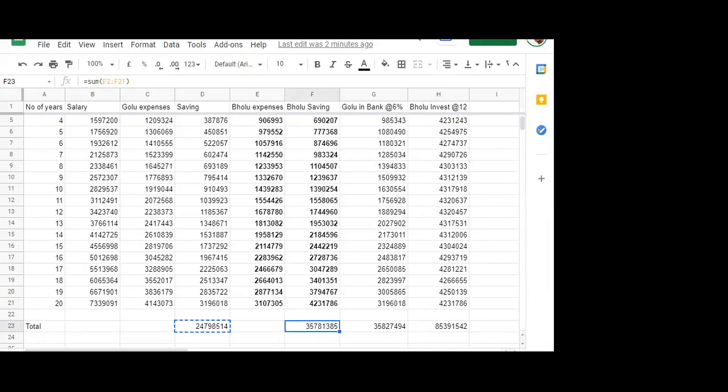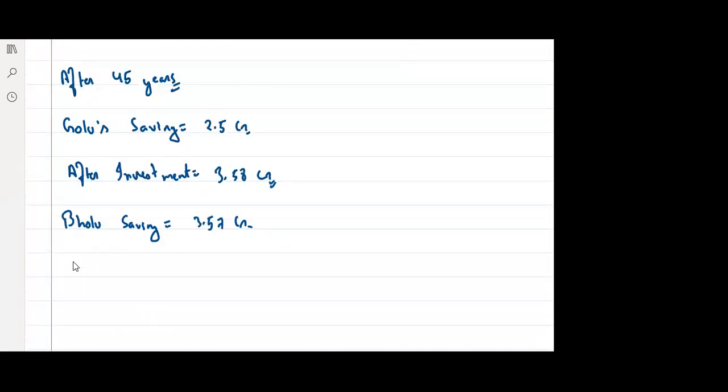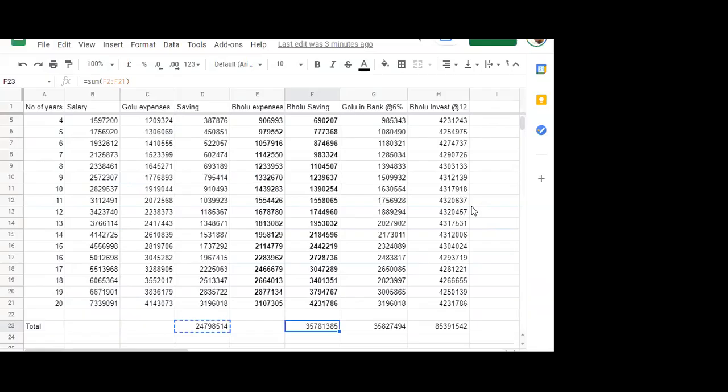See, 3.57 crore. But after investment, right? He is getting how much? 8.53 crores, 8.54 crores, right? Yes, 8.54 crores.